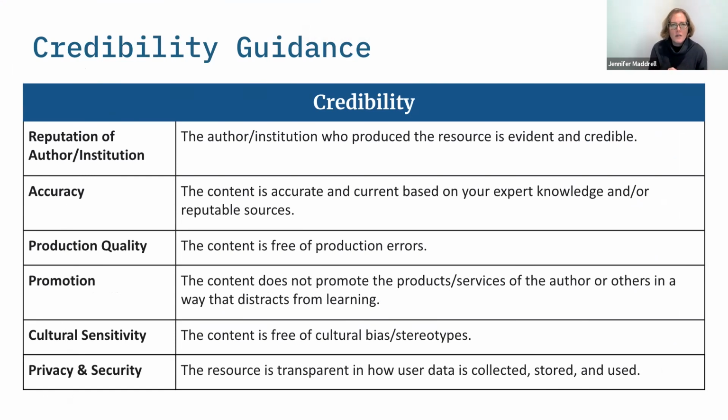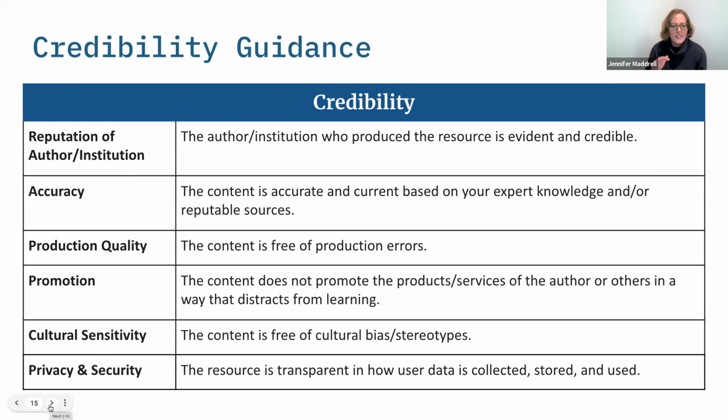For example, one of the resources we looked at was from Bank of America. Even though they're providing information on financial literacy, one of their motivations was getting you to potentially sign up for a bank account, a checking account, or a savings account. Those are the types of things we were looking at for promotion.